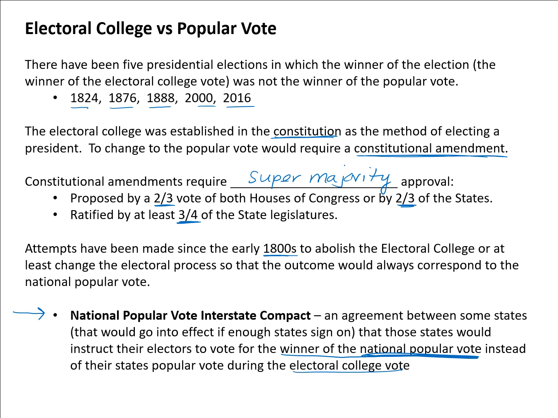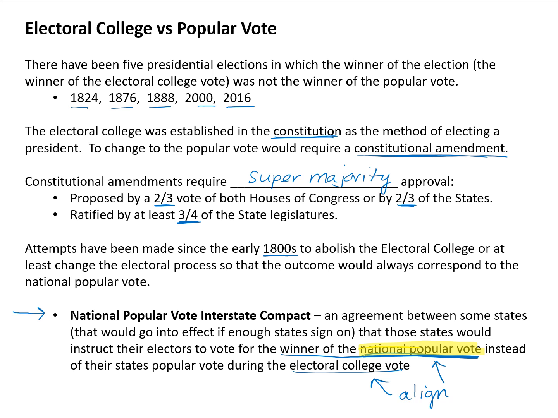Now, if enough states do this, eventually the national popular vote and the Electoral College vote would align, and so whoever wins the popular vote would also win the Electoral College vote.